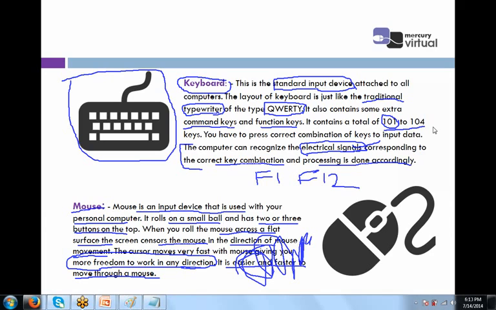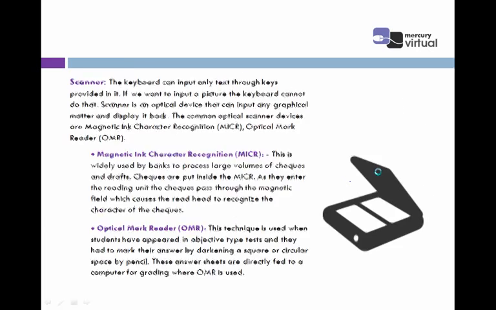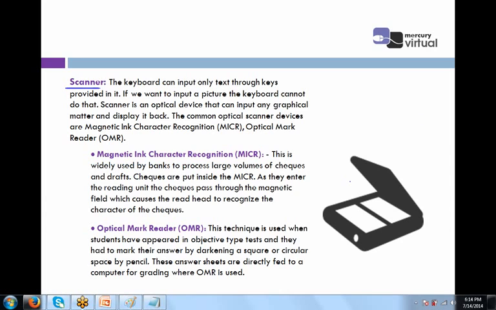Now let's see another input device. Another input device is your scanner. This is a very important device that is basically used for converting hard copy into soft copy.